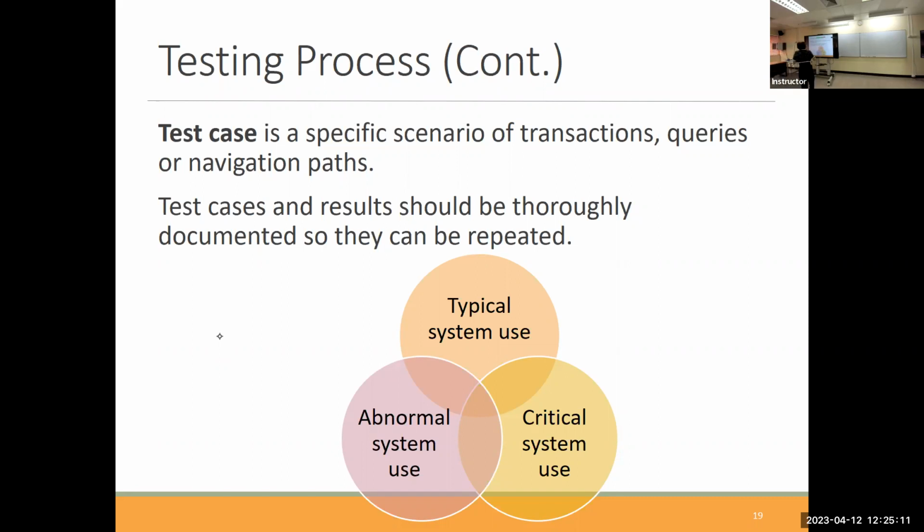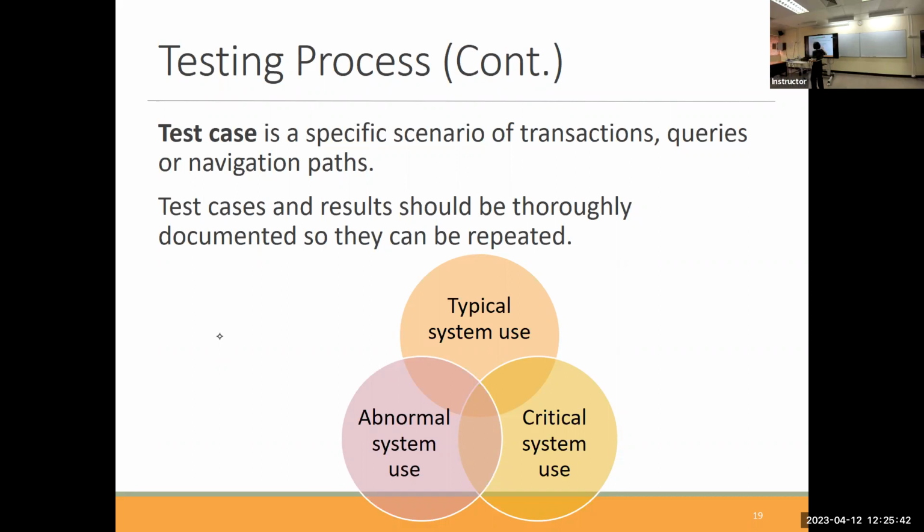Second, abnormal system use. Maybe there are some users who may want to try out or challenge the system as well. So there are cases of abnormal system use that you need to try as well. Pretend you are an abnormal user. You want to challenge the system in some way, whether it will crash or not.